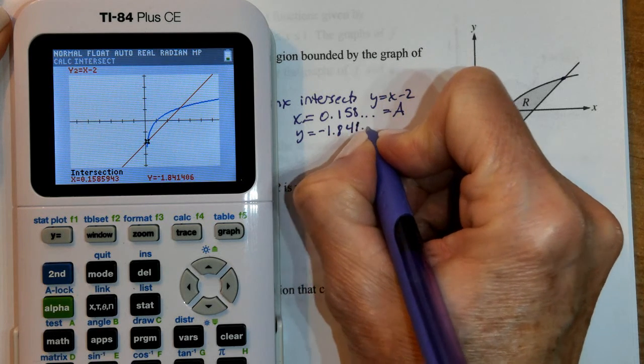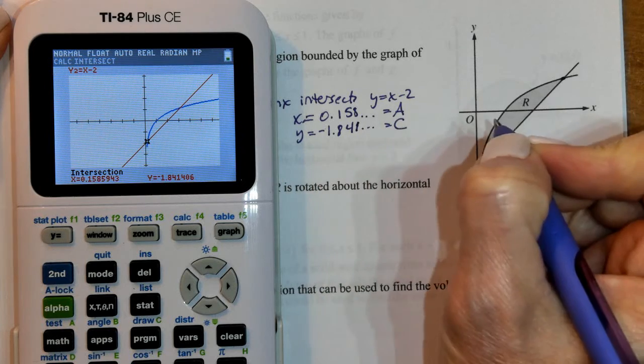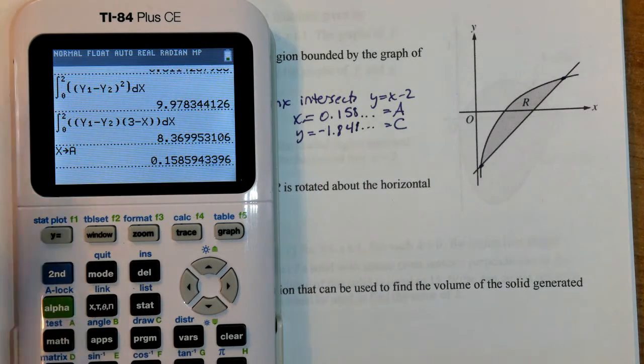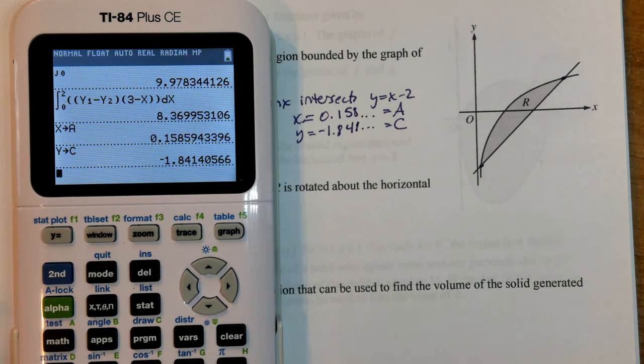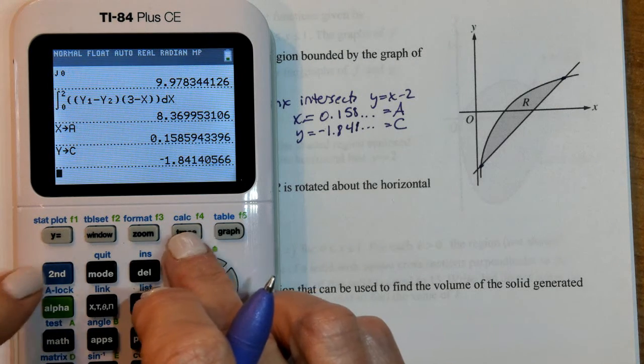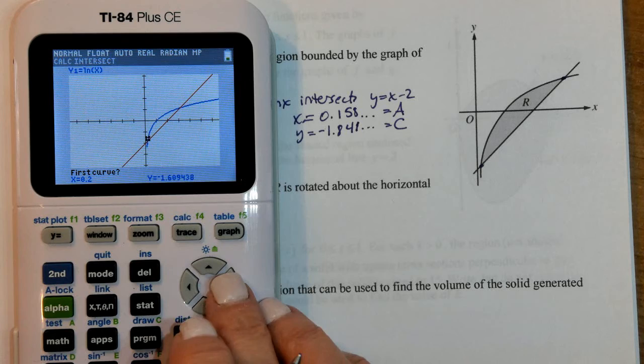Let's see if I can copy that. I'm going to store that in for C, just in case we end up needing it. So I'm pulling out y and I'm storing that in C. There it is. Back to getting our other intersection point.